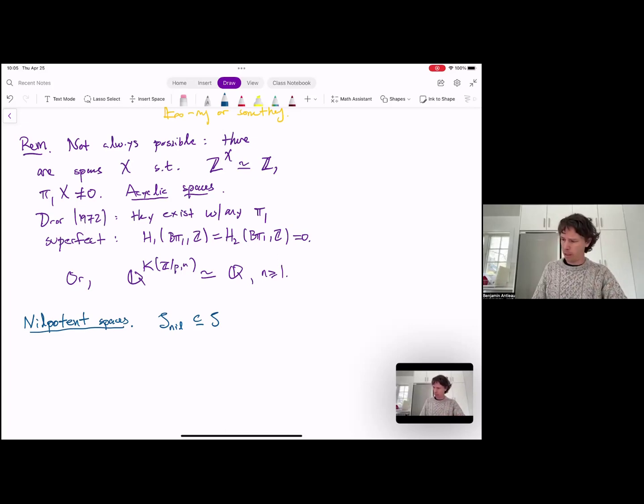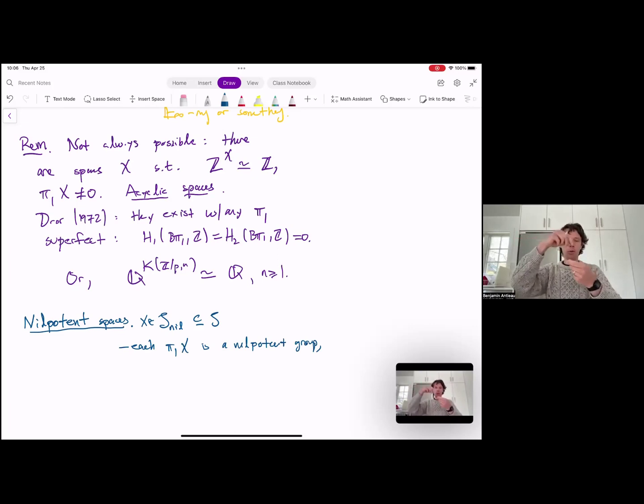And what I mean by that is that X is in here if each pi1 of X is a nilpotent group, meaning at each chosen base point. So I'm not assuming that it's path connected, but at each base point, pi1 is nilpotent, and pi1 acts nilpotently on each higher homotopy group.